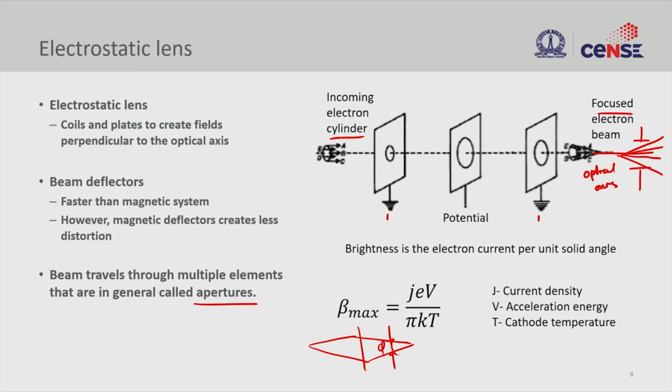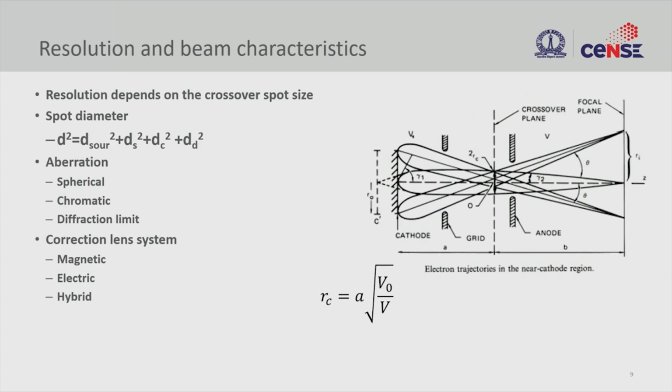Similarly, you will have some blankers here to control the beam size and so on. Based on that, you will know the actual solid angle that you get, and that current also depends on the cathode temperature, your current density, and your accelerating energy as well. This is how one could control how much current you get onto the substrate.